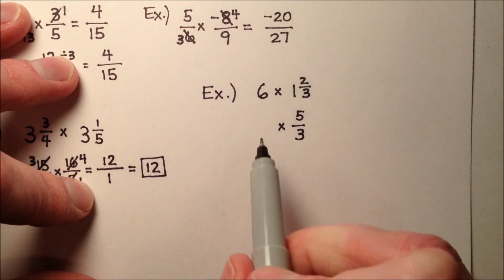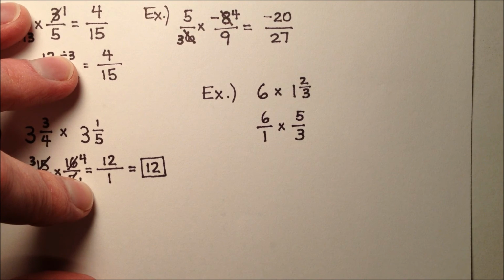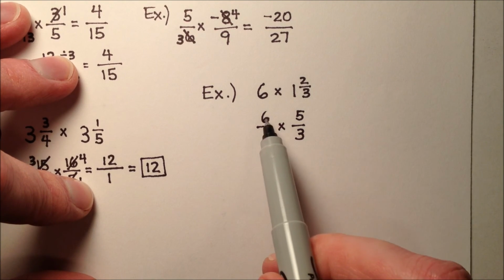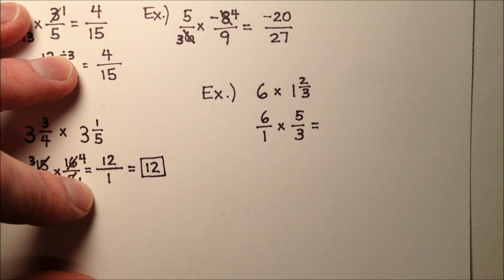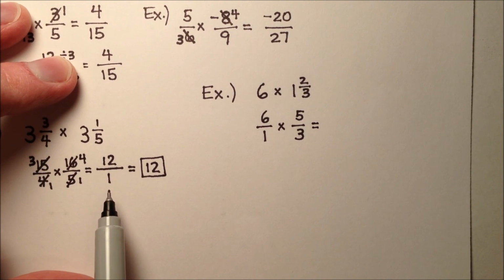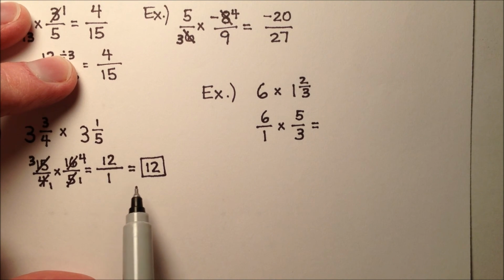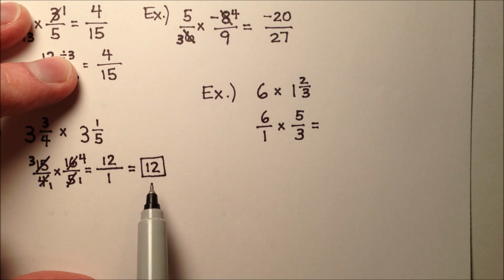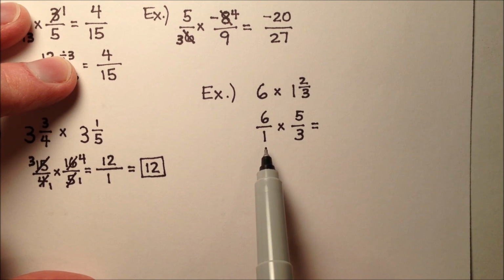Well, I can take 6 and just put it over a denominator of 1. This way it becomes a fraction. Because remember, in the previous problem, we had 12 over 1, which just became 12. So these are equivalent. If we have a whole number, we can put it over 1 and make it into a fraction. Now we can continue as we did previously.